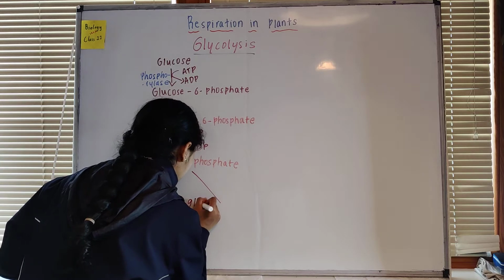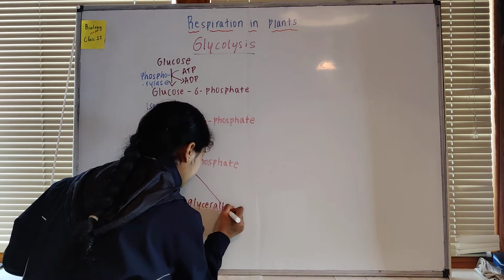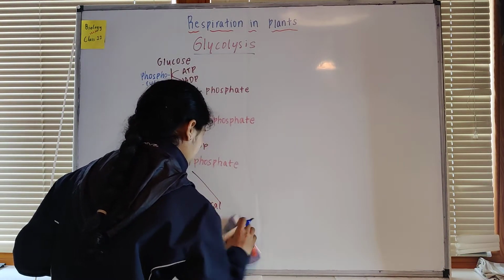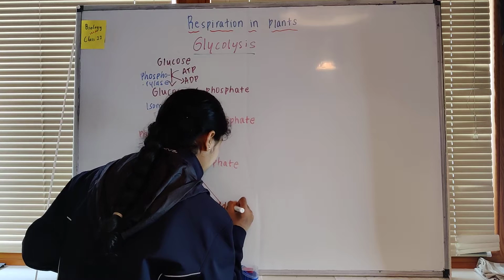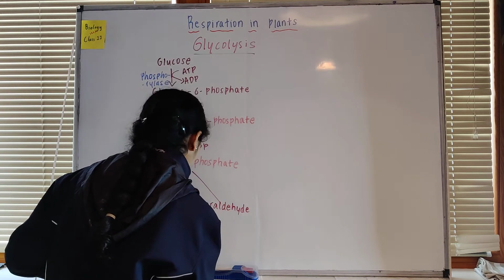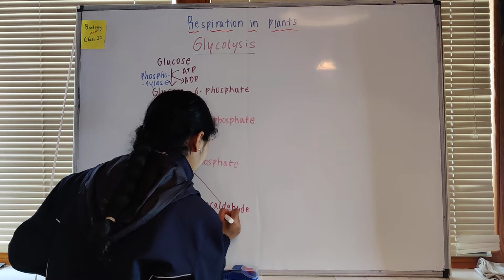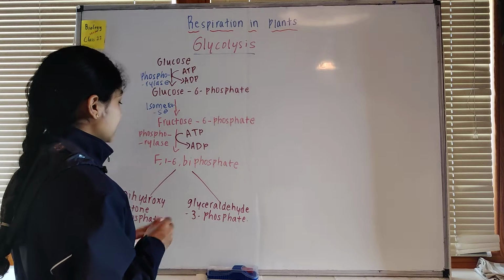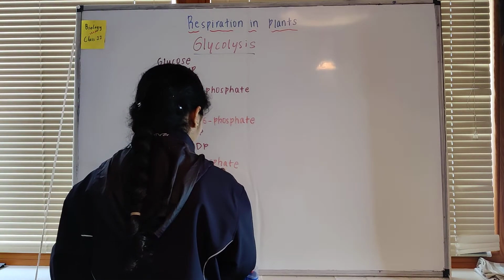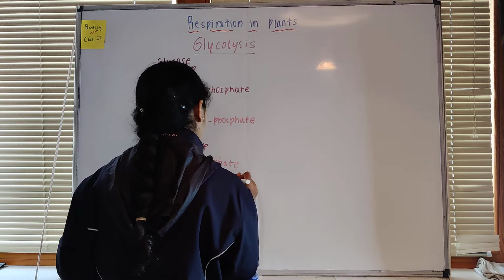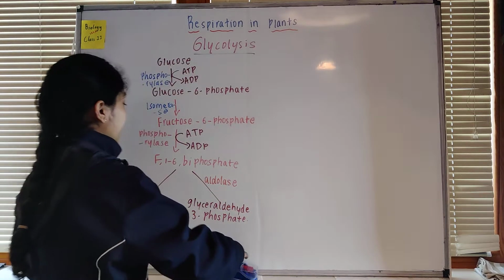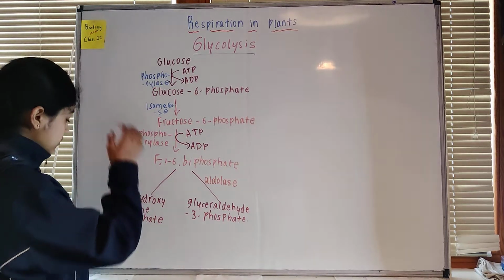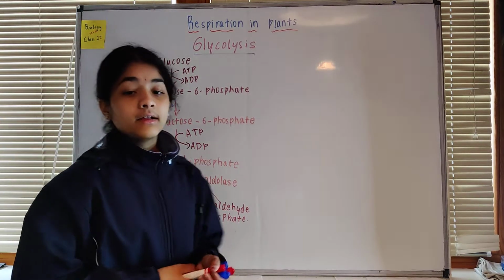The enzyme which helps in this reaction is called aldolase. So with the help of the enzyme aldolase, F16-biphosphate is split into two compounds, dihydroxyacetone phosphate and glyceraldehyde 3-phosphate.